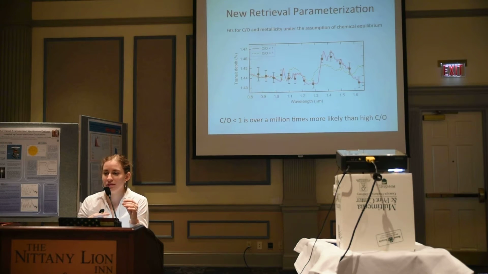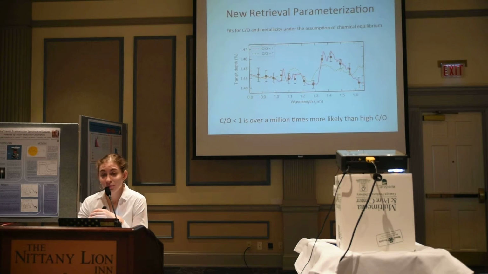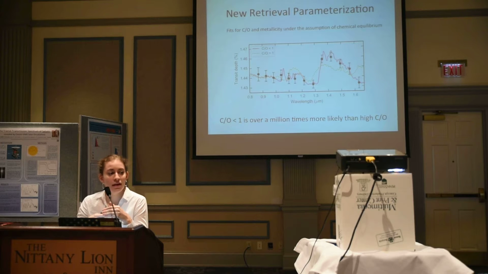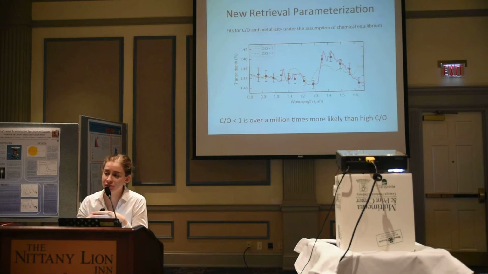And the chemical abundances are computed based on equilibrium predictions. And when we do this, we looked at 2 different cases, one with a carbon-to-oxygen ratio restricted to less than 1, so low C to O, and the other where it was restricted to greater than 1. You can see that we can't get a good fit to our data with a carbon-rich model.